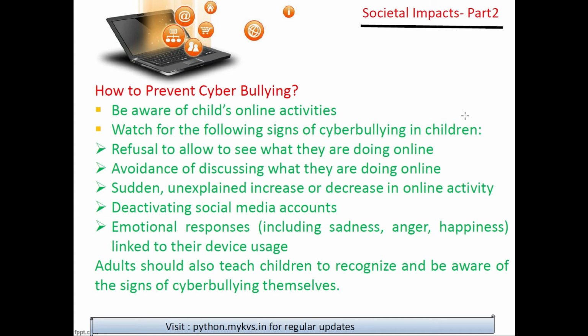They will refuse to allow others to see what they are doing online, and avoid discussing what they are doing online. They never want to disclose anything. You may notice a sudden unexplained increase or decrease in online activity. They may deactivate social media accounts, and show emotional responses.